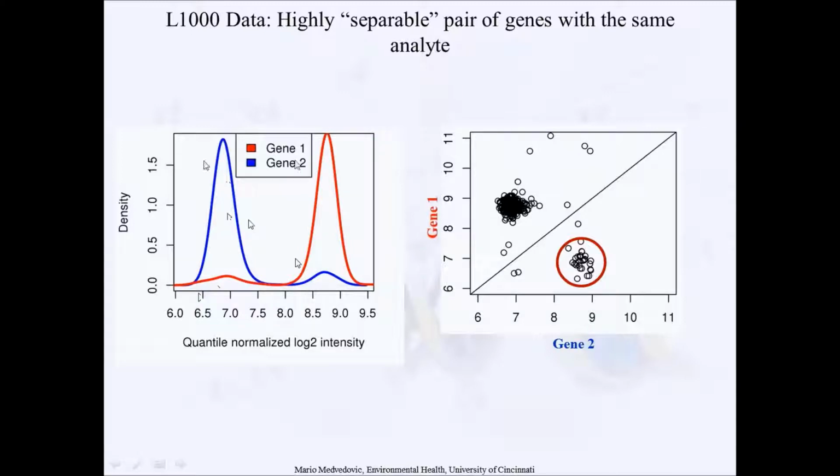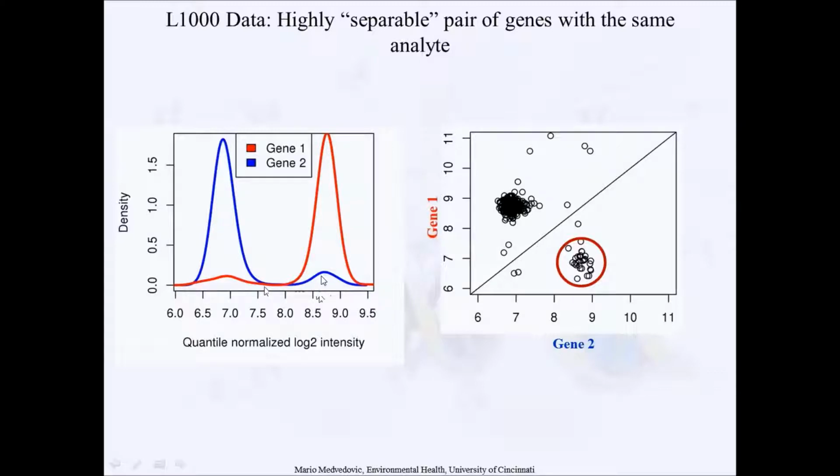And so we have gene 1 and gene 2, and they are resolved, and I don't really know which one was more abundant, but that doesn't matter here. But this is this pair of genes across a whole bunch of different profiles, and it turns out that their expression levels seem to be systematically different, quite different. So they're pretty well separated, right?